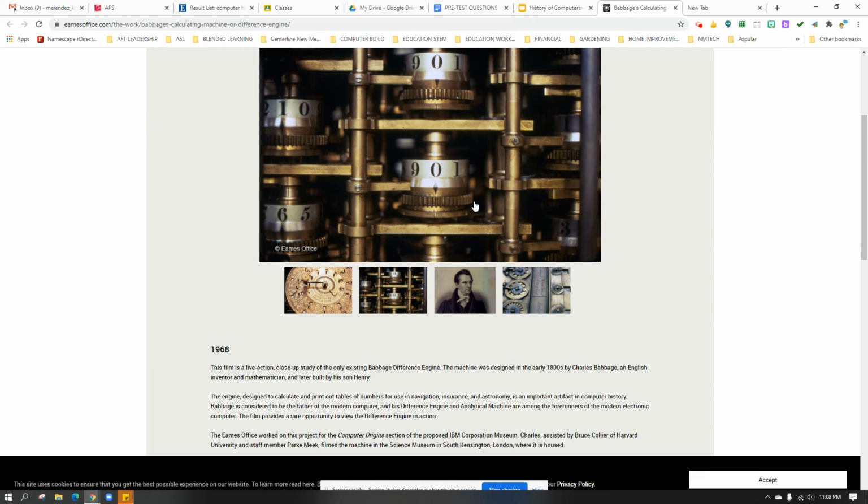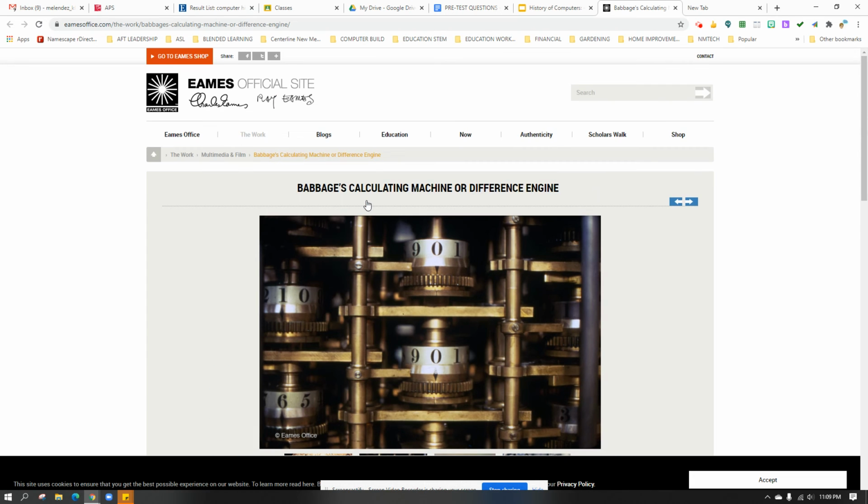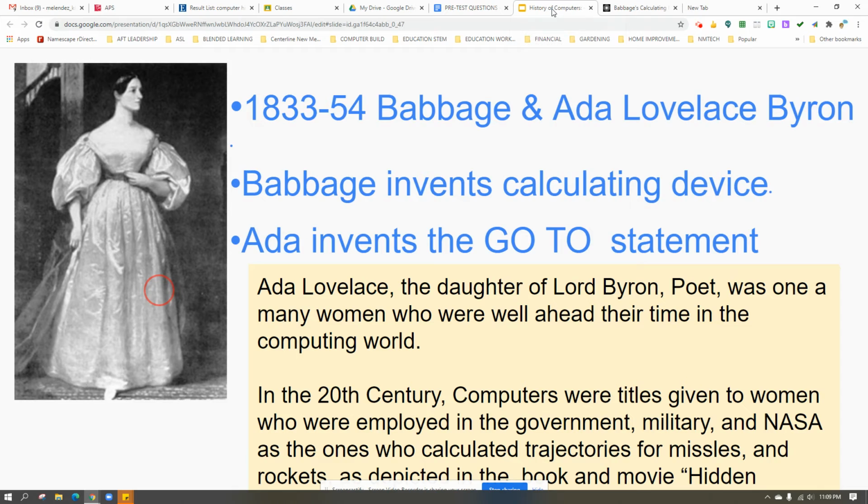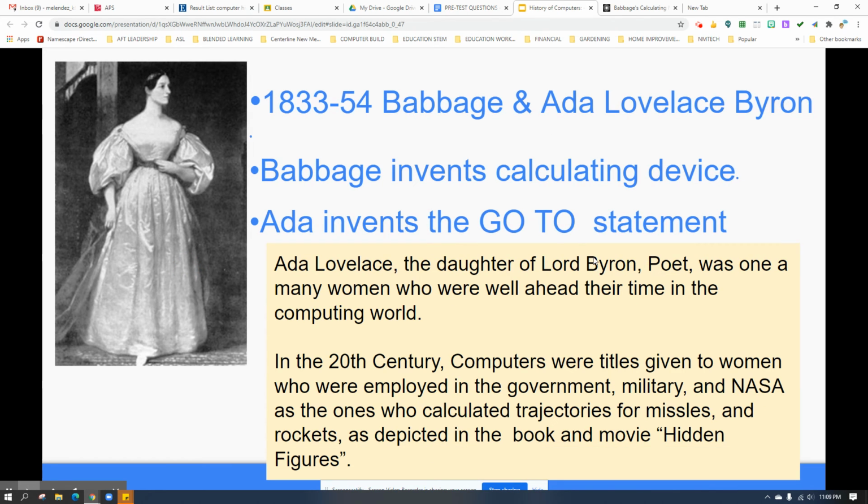And each one, this would be like ones, tens, hundreds, thousands, depending on how many rows of cogs he had in here. Now, Babbage calculating machines are very similar to calculators, except they had billions of pieces to them, and they were very huge. So you will learn more about these as you study.